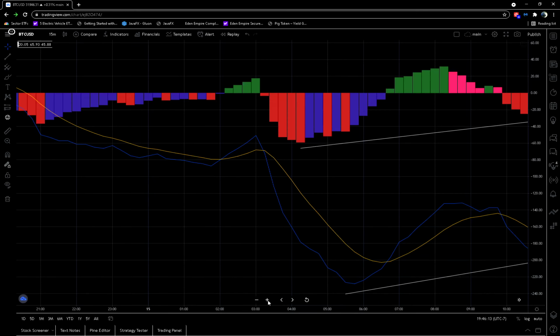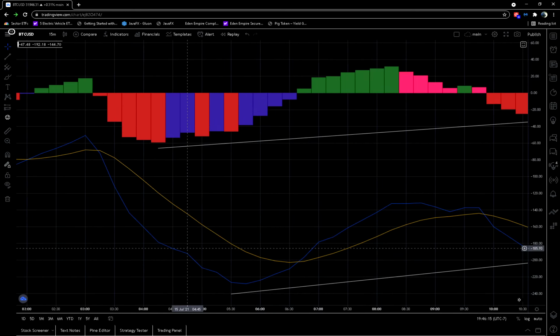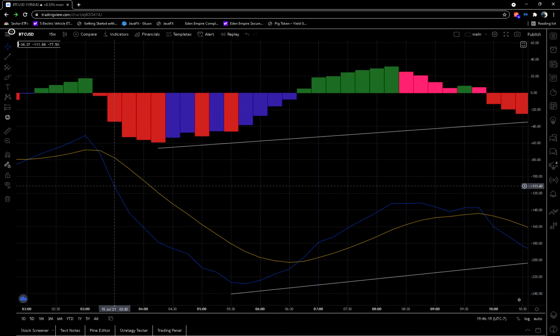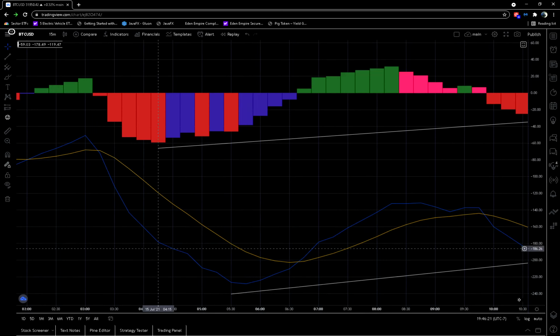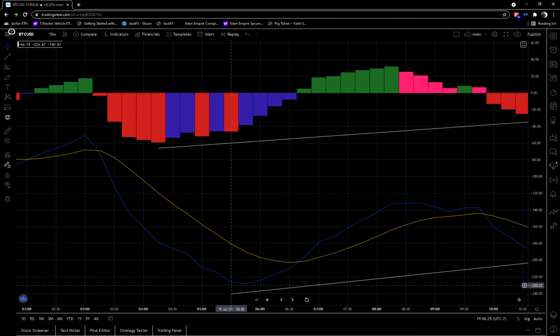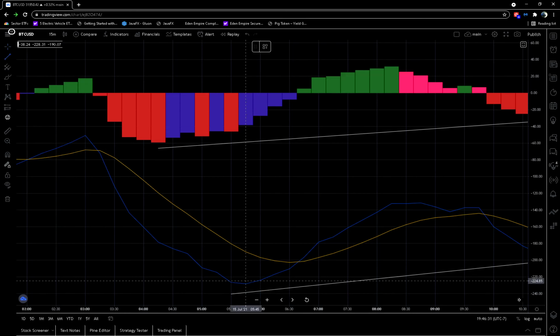You have to zoom in as close as you can to see, but nothing was positive. So from here to here, it's all negative slope, and here's your first positive inflection. So the signal line wasn't too bad here.